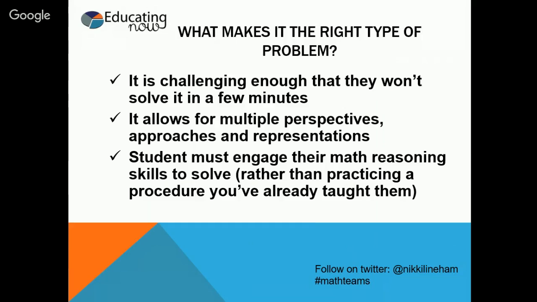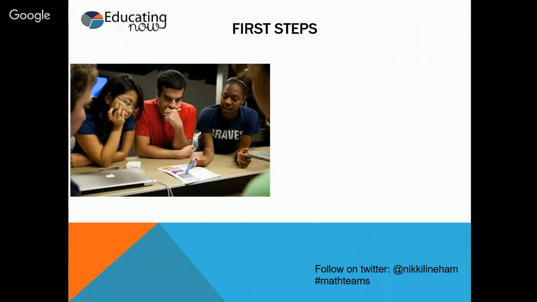But what you could do if you had a textbook that you really wanted to use is take a question and take out some of the information to make it more challenging and more vague. The students have to use their math reasoning skills to solve rather than just practicing a procedure. That comes later, the practicing, but right here what we're looking at is how can they construct their own understanding.